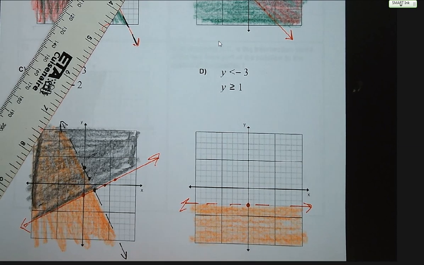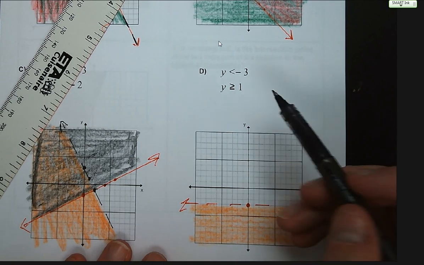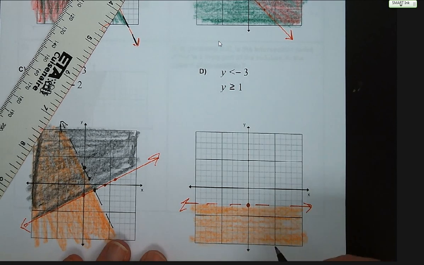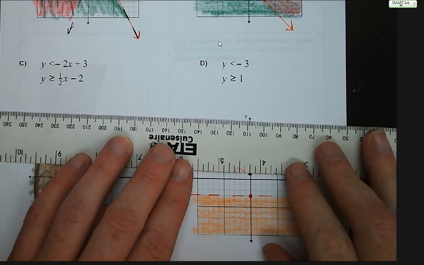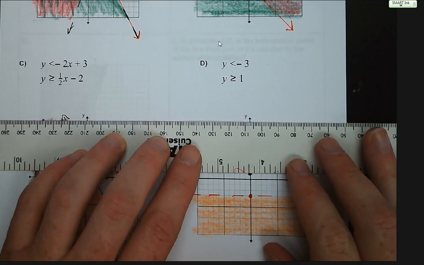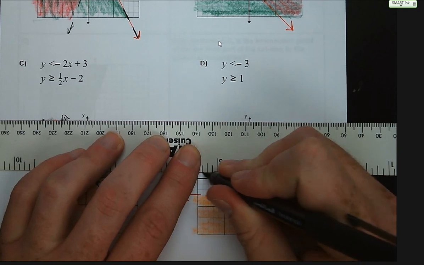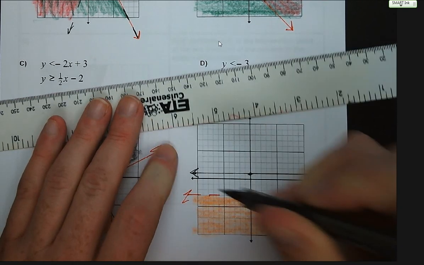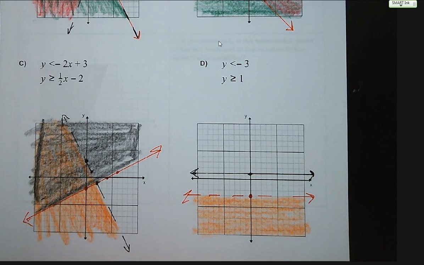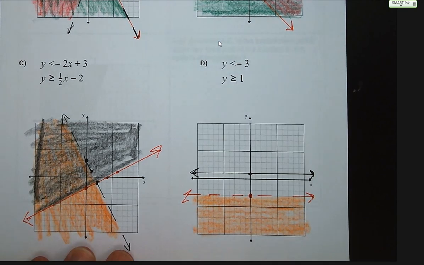Okay. Now our second one is y is greater than or equal to 1. So we have a y-intercept of 1. And it is greater than or equal to, so it's a solid dot or solid line. And it is greater than or equal to, so we need to shade above.